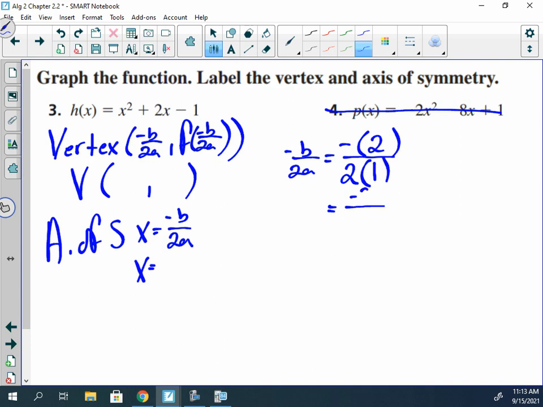Well, on top we would have negative 2. 2 times 1 is 2. And negative 2 divided by 2 is negative 1. So the x value of the vertex is negative 1. What's the axis of symmetry? X equals negative 1.